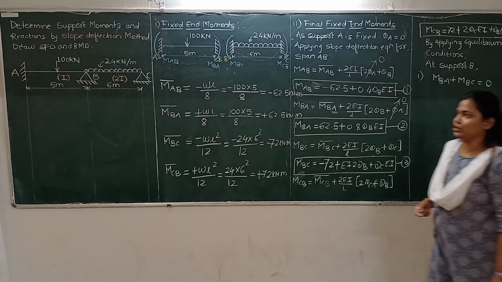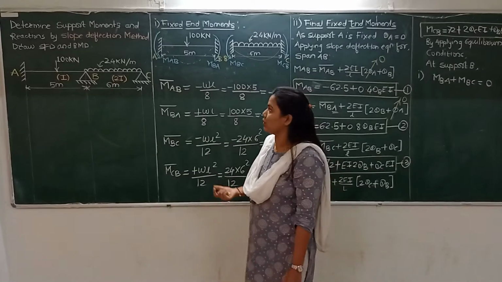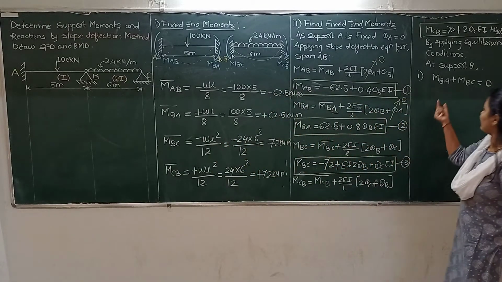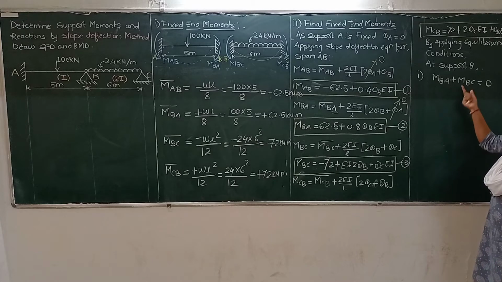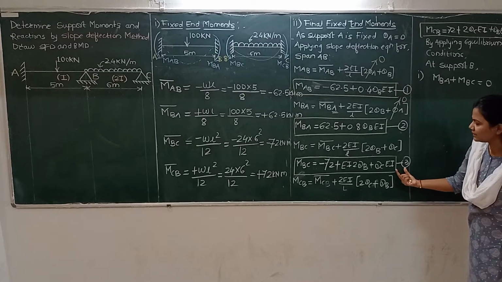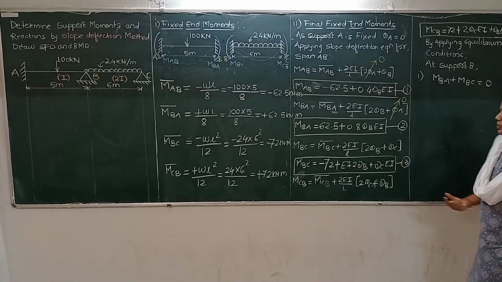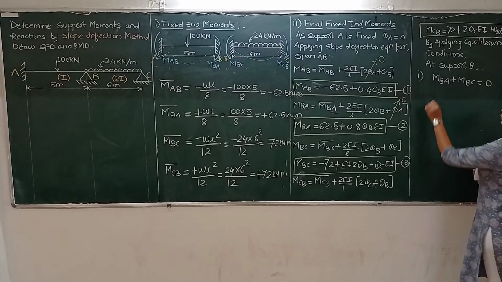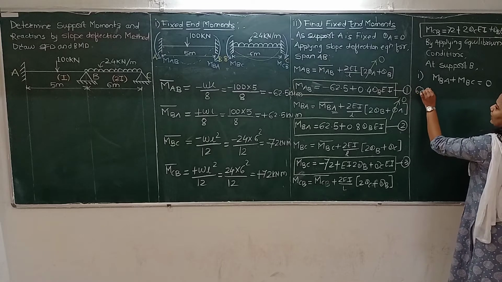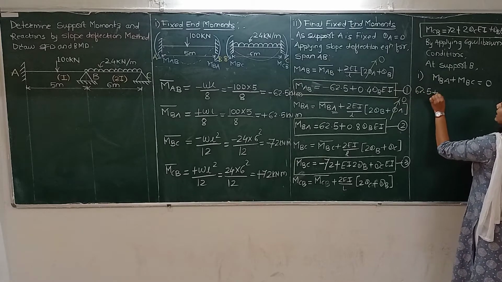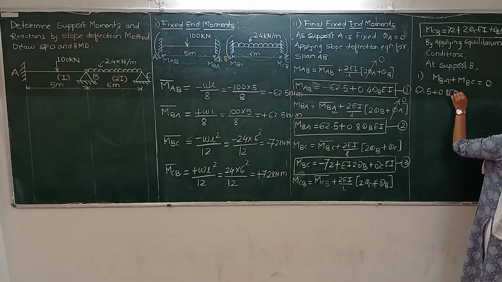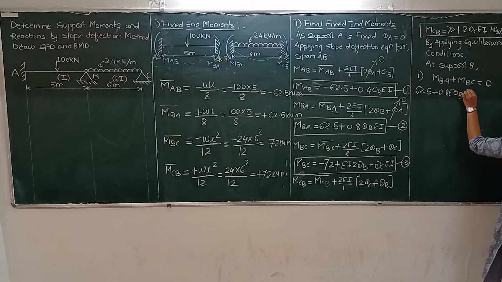use for calculation of unknowns with these 4 equations. So let us add equation number 2 and equation number 3 to find the unknown. So equation number 2 is 62.5 plus 0.8 EI theta B, then this is minus 72 plus 2 EI theta B plus theta C EI is equal to 0.